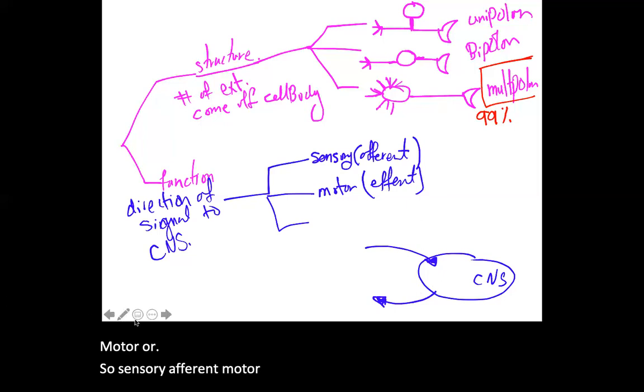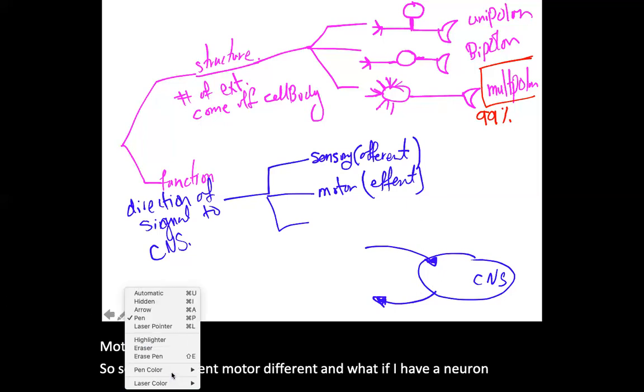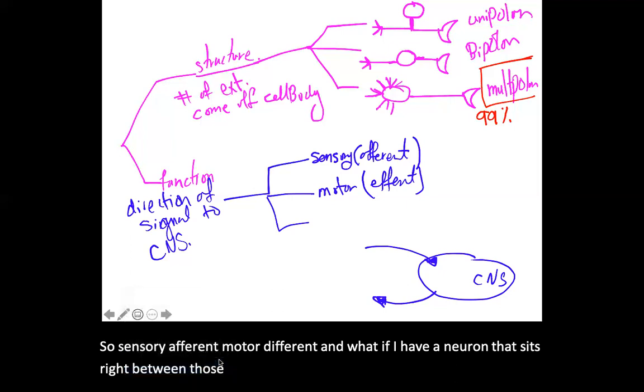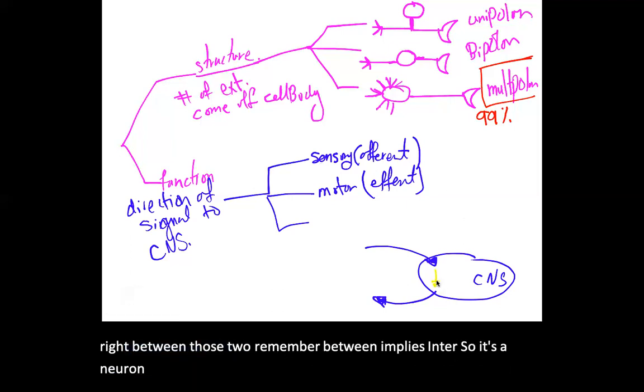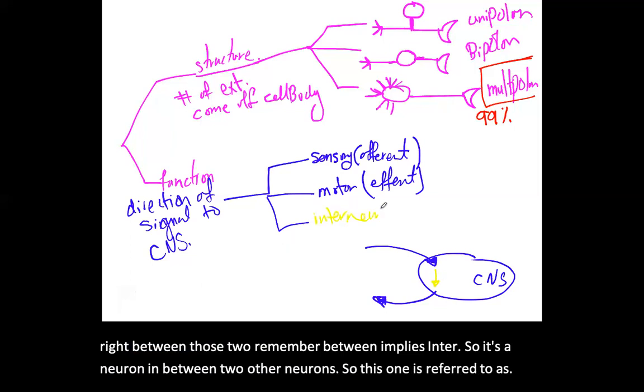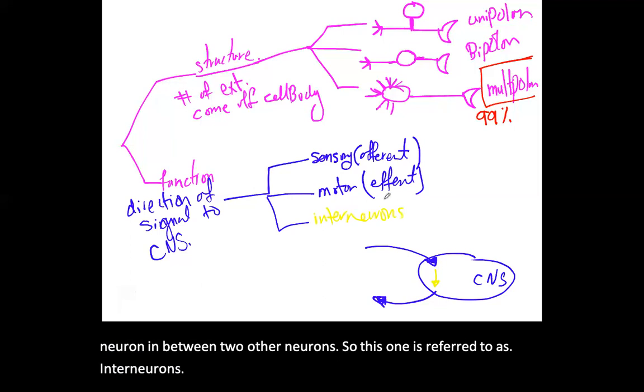And what if I have a neuron that sits right between those two? Remember, between implies inter, so it's a neuron in between 2 other neurons. This one is referred to as interneuron. Interneuron is going to be the most common, and it's fully embedded inside the central nervous system.